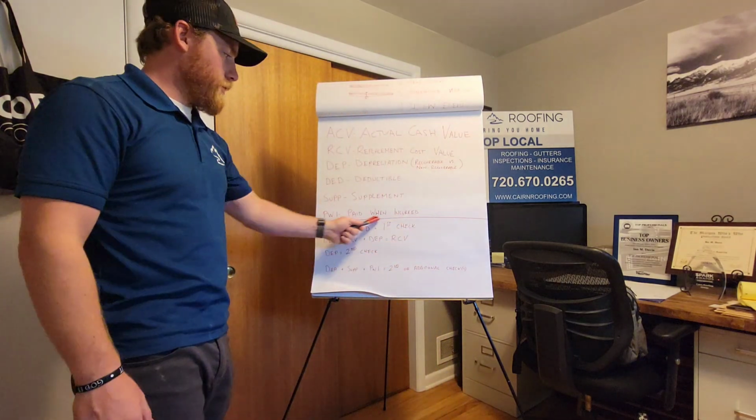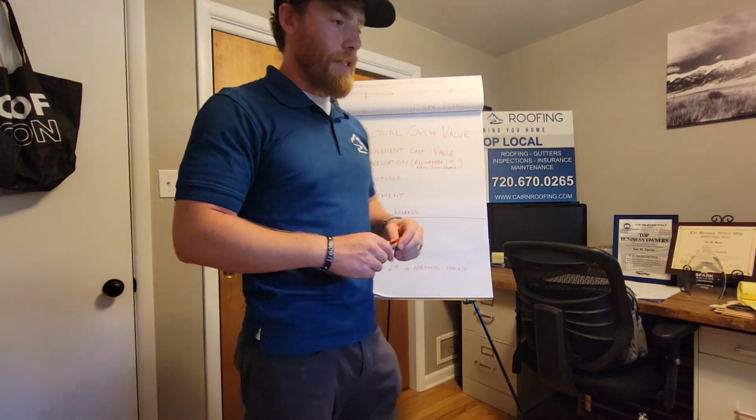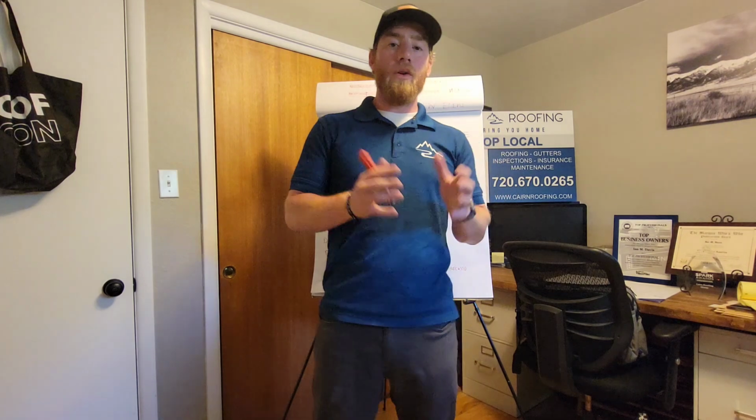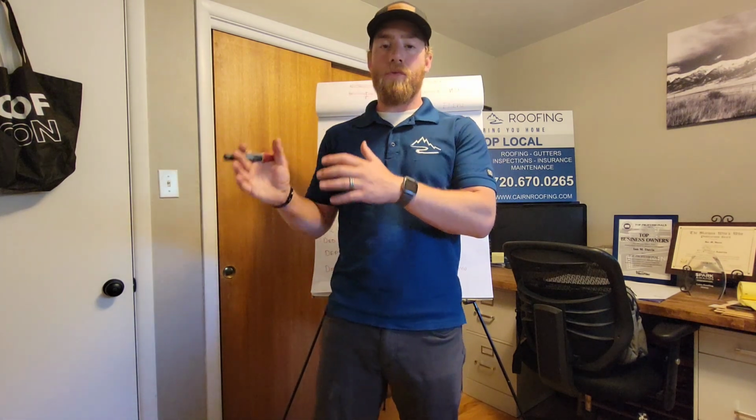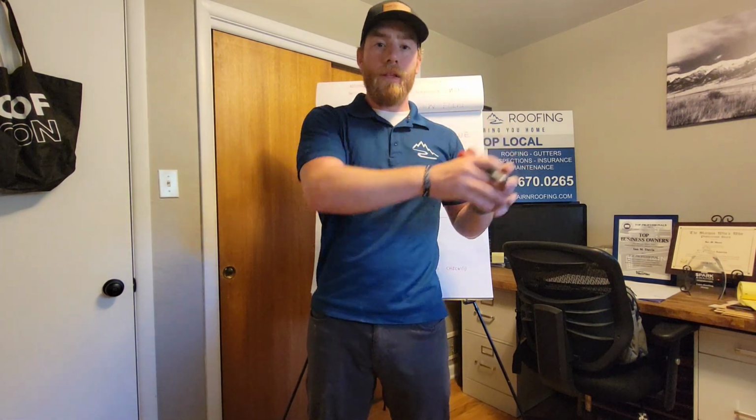The last one down here is PWI. That means paid when incurred. Those are items that the insurance company has recognized you do need this, and we are willing to cover it once you get it on there, but you don't currently have it on your roof, so we're only going to pay it out when you prove to us that you did it.